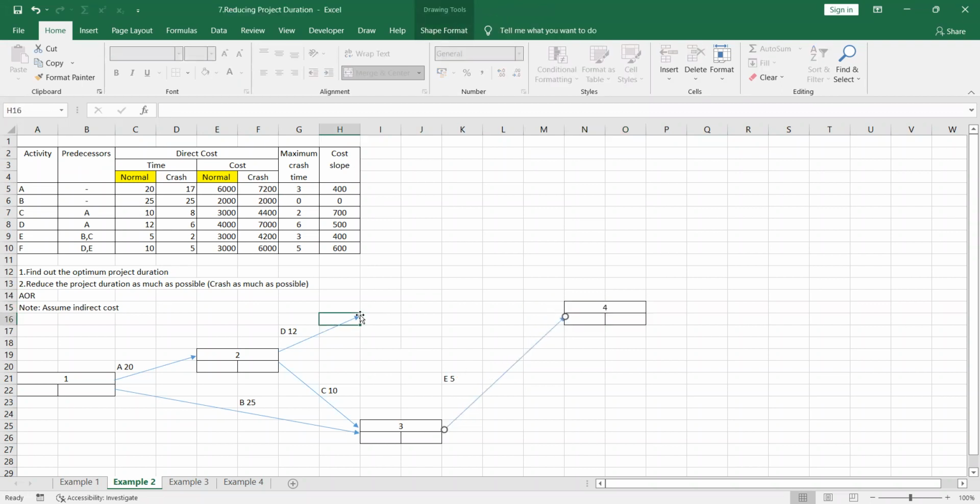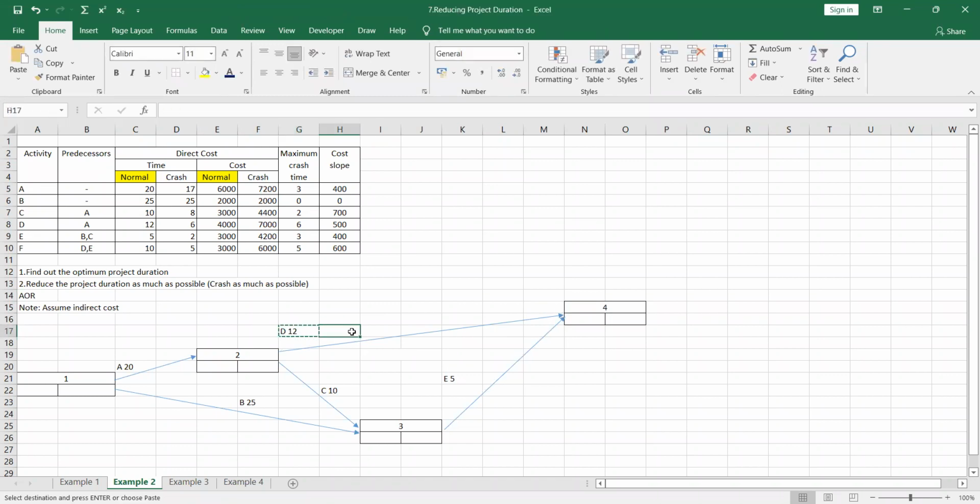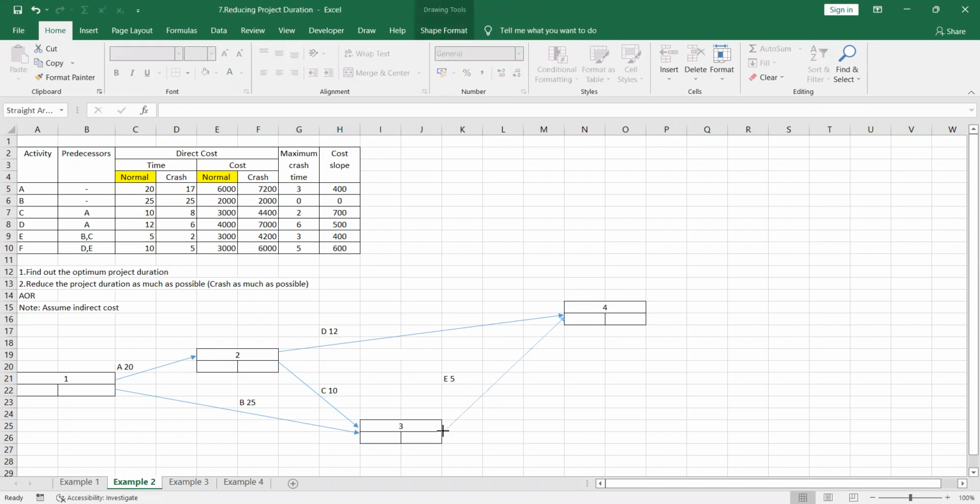After completing both D and E, you can start to do the F activity, and the F activity normal time is 10.